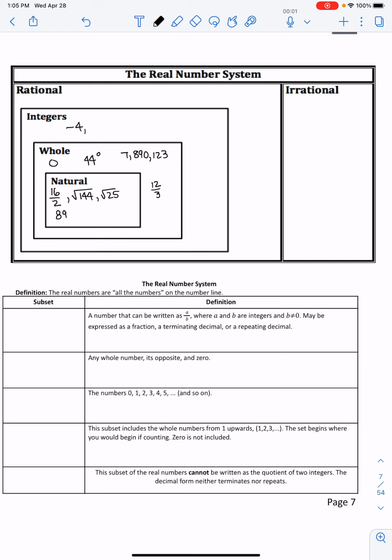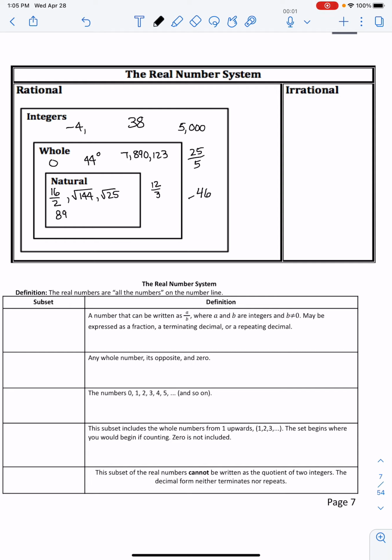We can include 38. We can include numbers such as 5,000. We can include numbers such as 25 over 5. We can include -46 and numbers such as that.